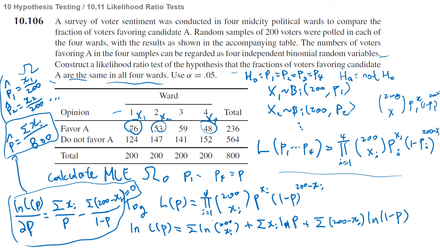Derive them by yourself, and I think it would not be very difficult if you specify the right likelihood function and differentiate with respect to p for the omega 0 case, and for the omega case differentiate with respect to p1, p2, p3, and p4, then you will get the maximum likelihood estimates of these. I will finish the proof from the next slide.